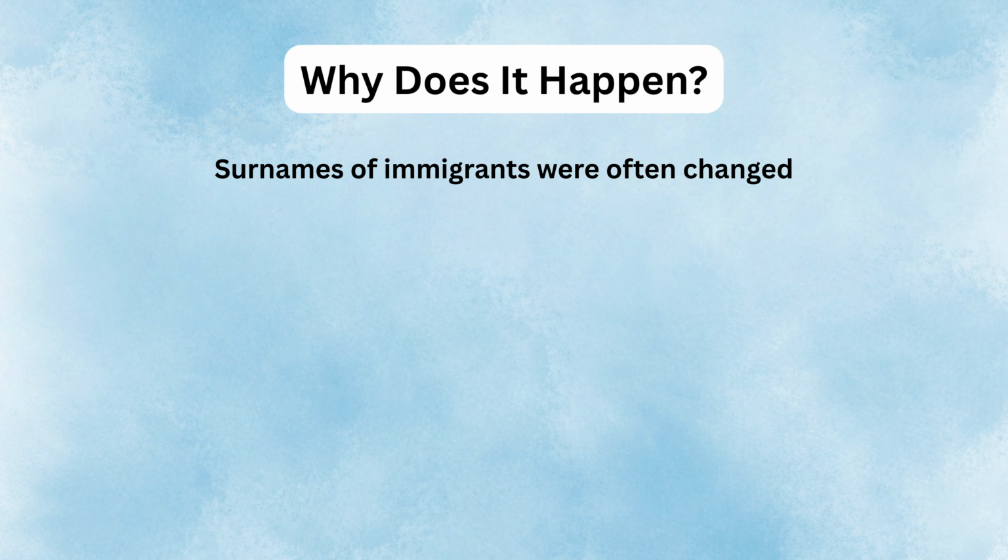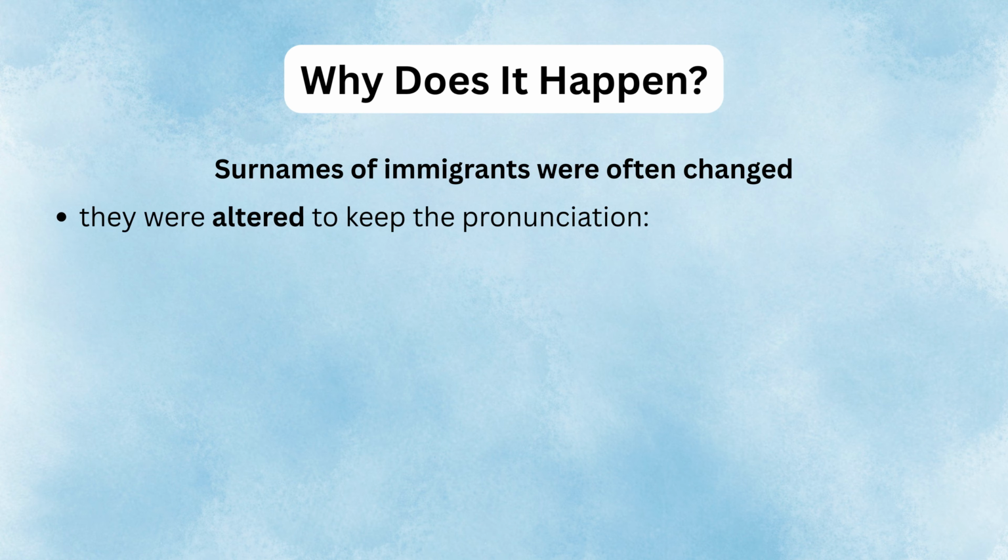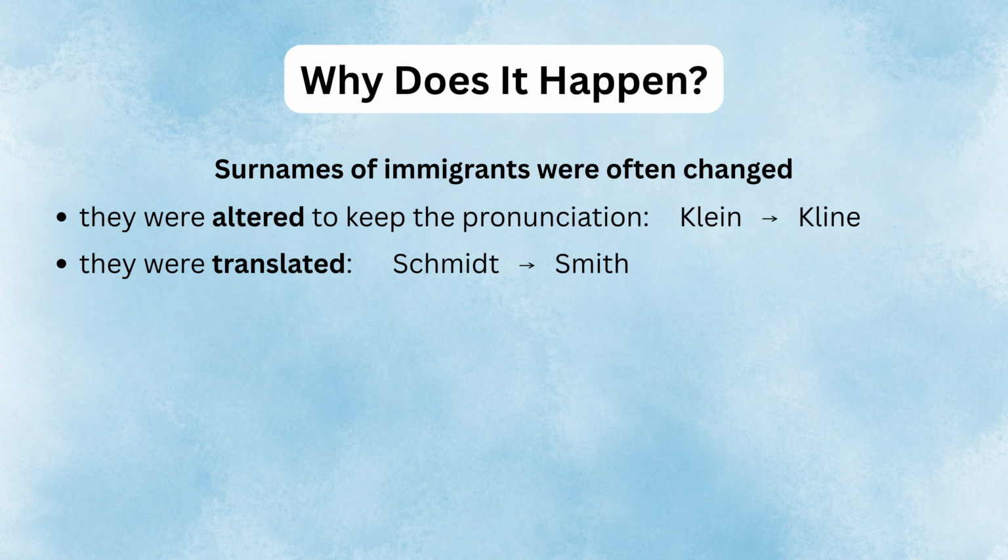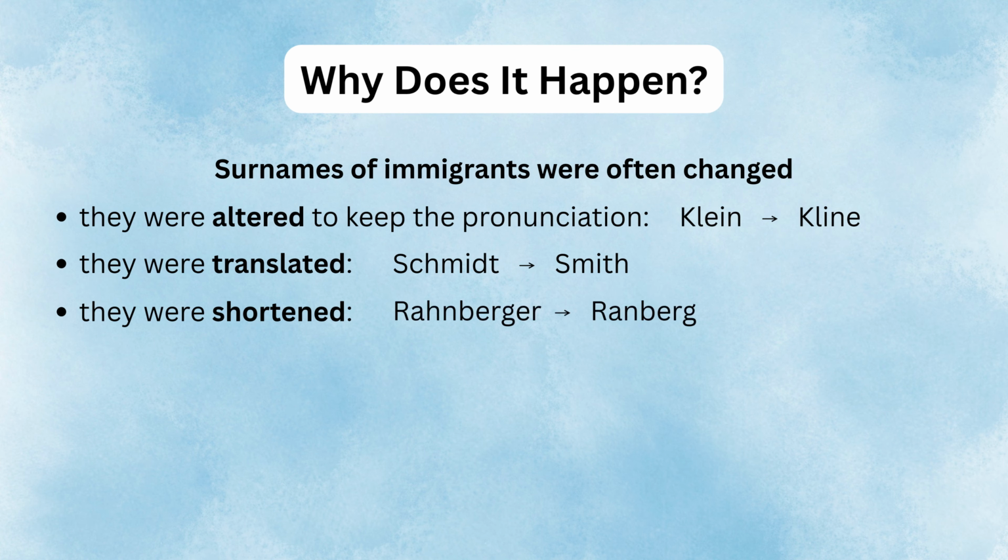If your ancestors were German, you will probably have come across this problem, because many names were frequently altered to keep the pronunciation, like the original spelling of Klein changed to Klein. They were translated from Schmidt to Smith. They were shortened, for example, Ranberger to Renberg, dropping 3 letters.